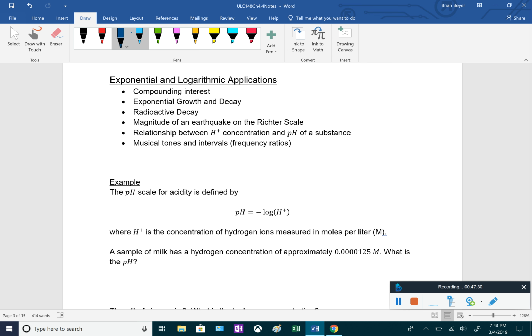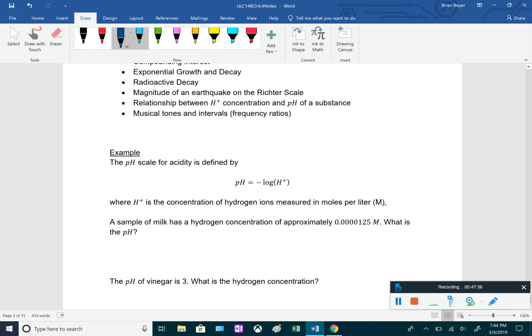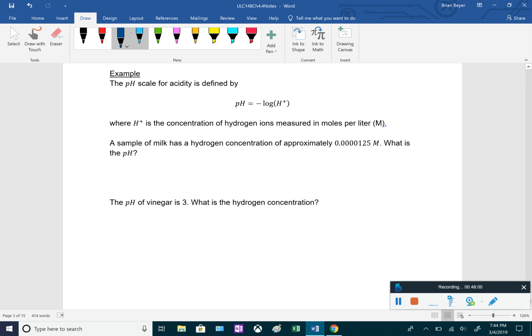Magnitude of an earthquake on the Richter scale, that's measured using logarithms, I believe. And the relationship between the hydrogen ion concentration and the pH of a substance, which we'll see in this last example. And frequency ratios, like musical tones and intervals, are also computed using logarithms. Obviously there's more than just that, but those were a couple of interesting ones that were pretty different from each other.